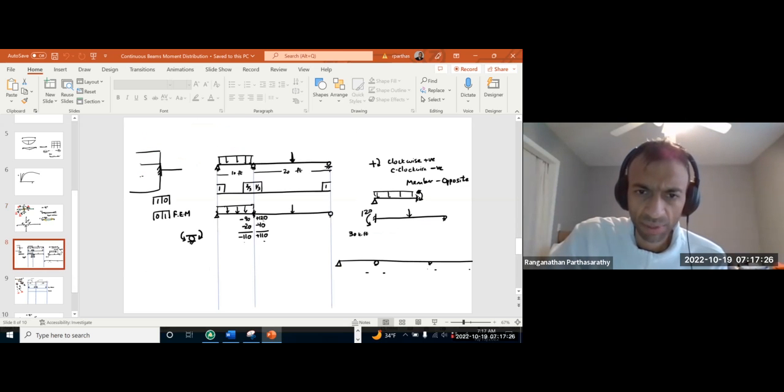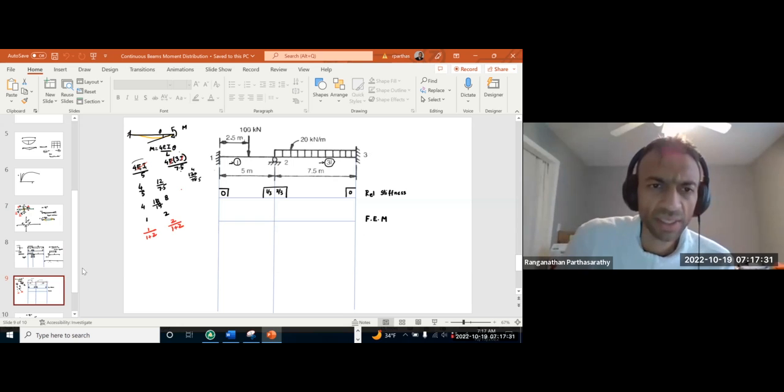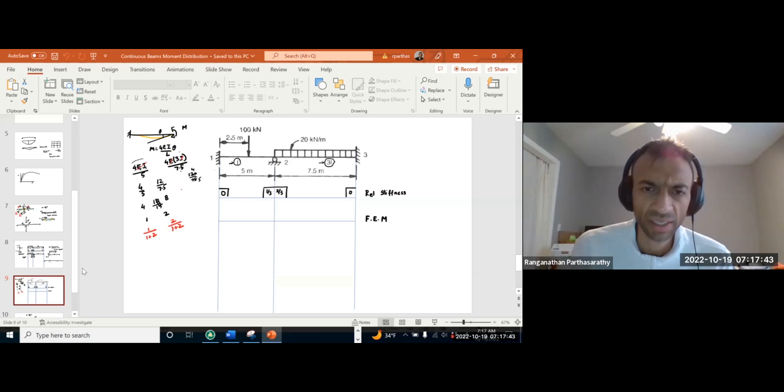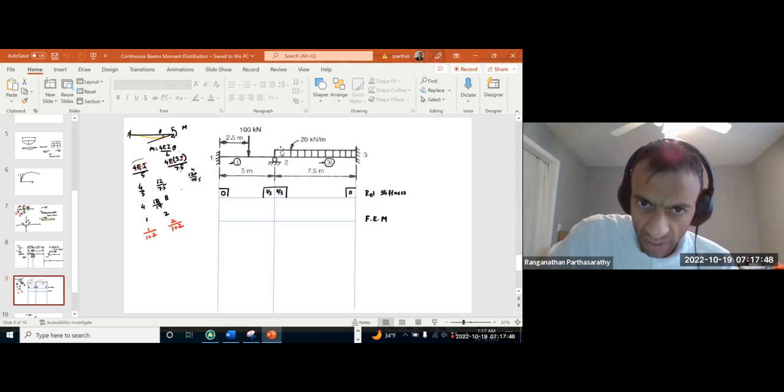So we took an example problem. We just started. Here is a continuous beam with 2 spans, and we will start by putting in the relative stiffness. At this point, we have propped cantilever at either end, so it will be 4EI by L for either end.